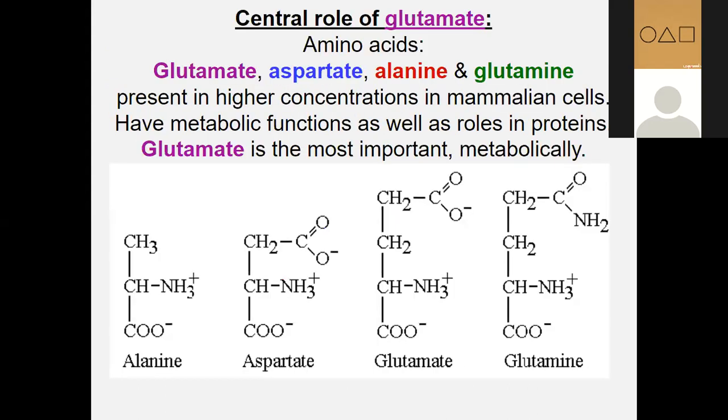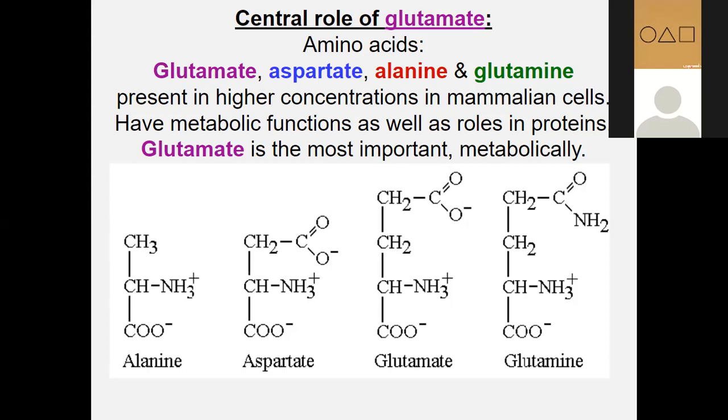And that amino acid is called glutamate. So free siya, lumabas sa bloodstream. So ito yung pinaka-importante metabolically sa mga amino acids kasi ta-transfer yung mga amine groups dito sa glutamate.